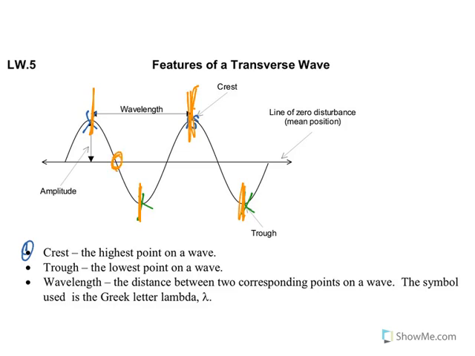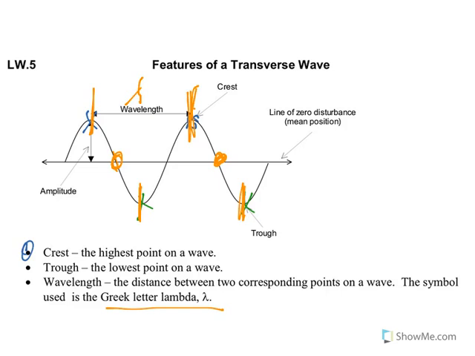So if you take this point here, then the corresponding point, so sliding down on the wave, is over here. So that's again also one wavelength. Now the wavelength, as it says down here, the Greek letter lambda is used to represent a wave.